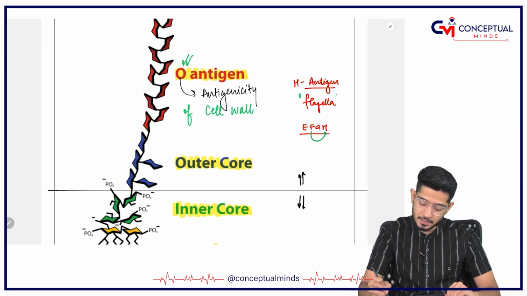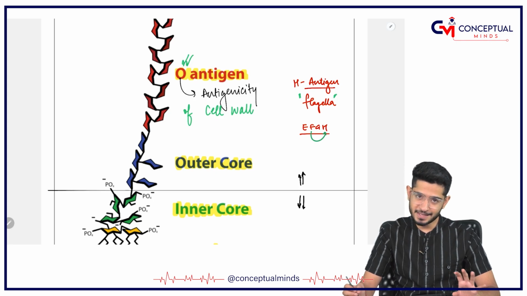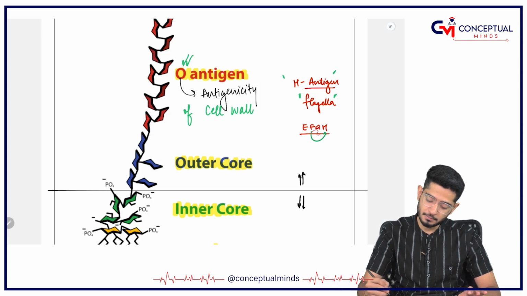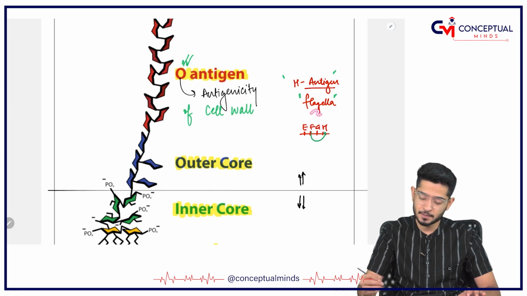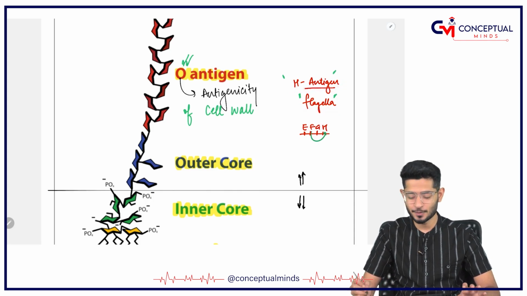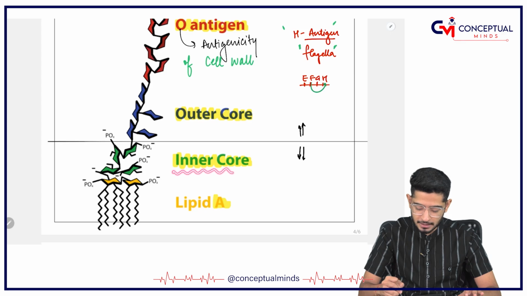Whereas flagella is also responsible for antigenicity, but flagellar antigenicity is because of H antigen, and the mnemonic is F and H. So can you see here, my dear friends, F and H coming together? So flagella having H antigen. So O antigen we have talked about, present in the outer core, and then you have got an inner core where you have got a lipid A, and then lipid A is responsible for what?